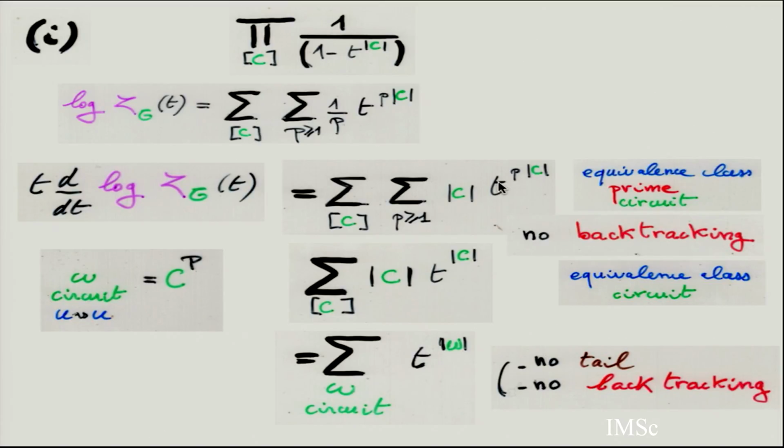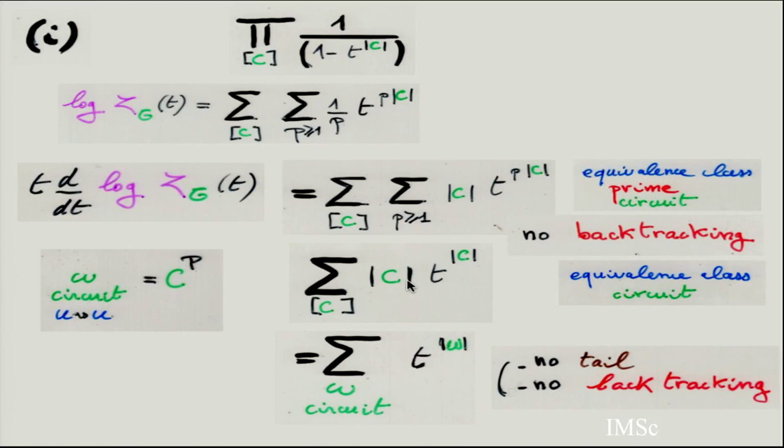So maybe the intermediate step is not correct. In this step, omega by p, you have to put it like this. Write omega here, length of omega by p and p power. Or you can write length of C by p. That's also fine.